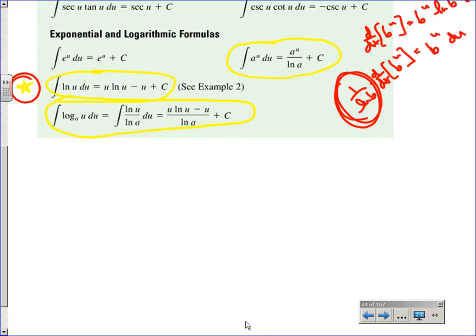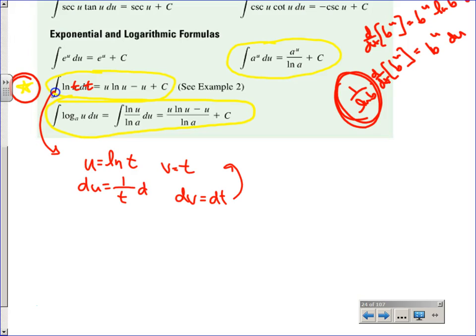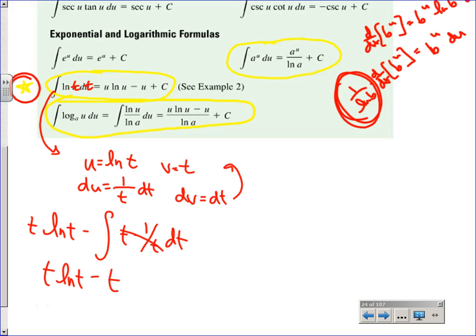Where does it come from? This comes from integration by parts.